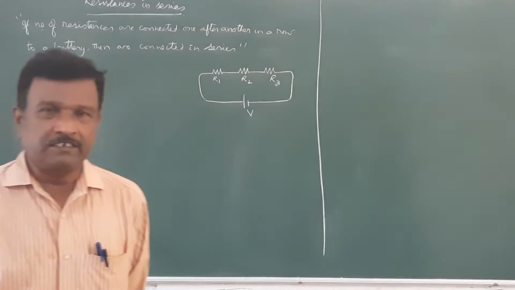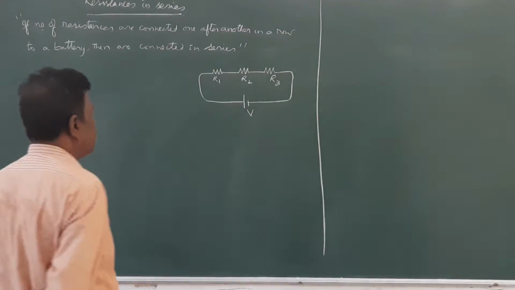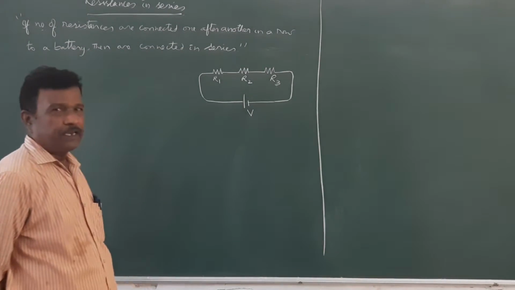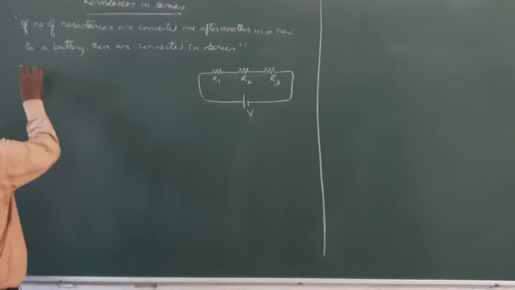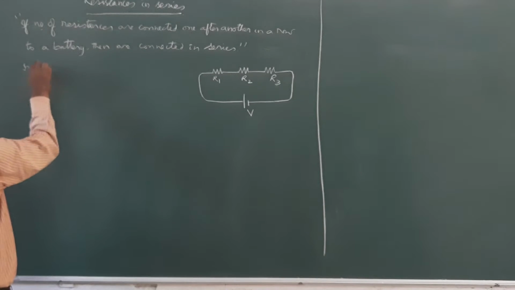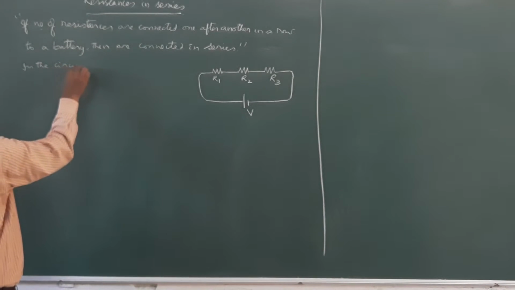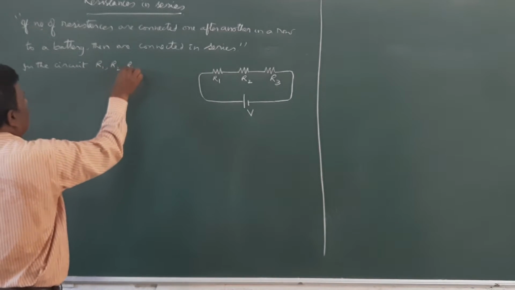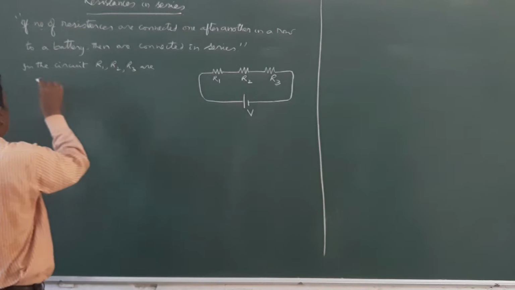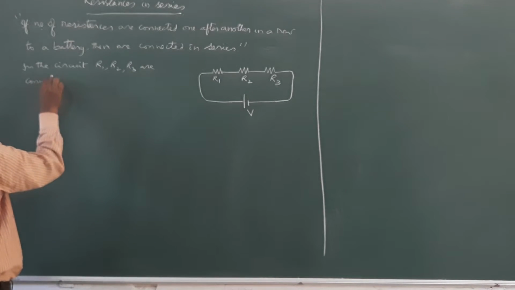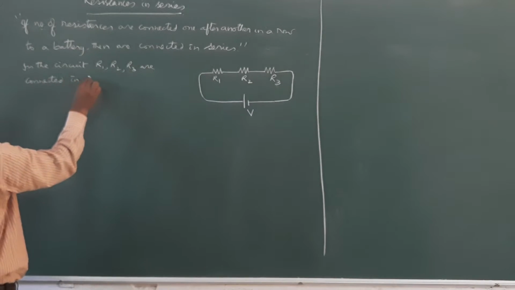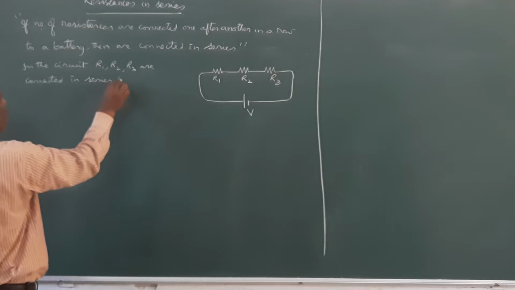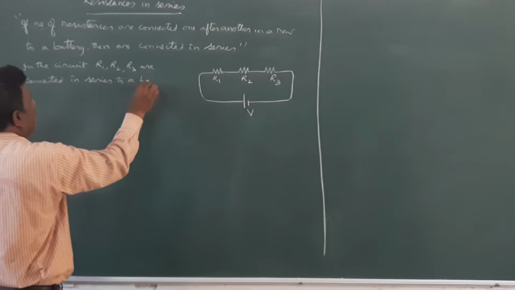These three resistors R1, R2, R3 are connected in series to a battery of voltage V.